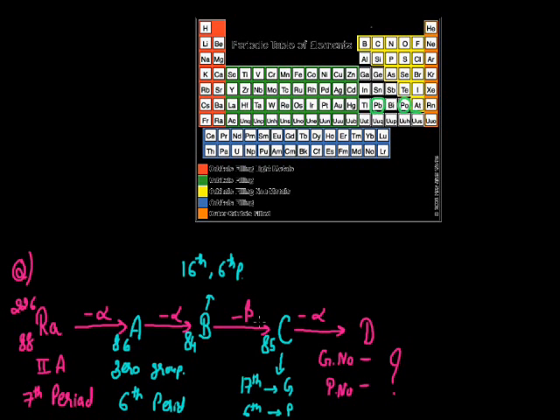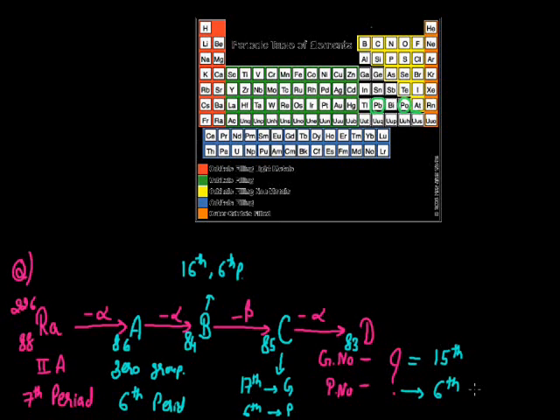Now on the basis of the position of nucleus C, we can find the position of nucleus D. The atomic number of this element D will be 2 points lesser as compared to the atomic number of C, and now the atomic number will be 83. Since the atomic number is 83, the group number of this element will be 15th group, or we can say 5th A group, which is the nitrogen family, and the period number will be the same, the 6th period.